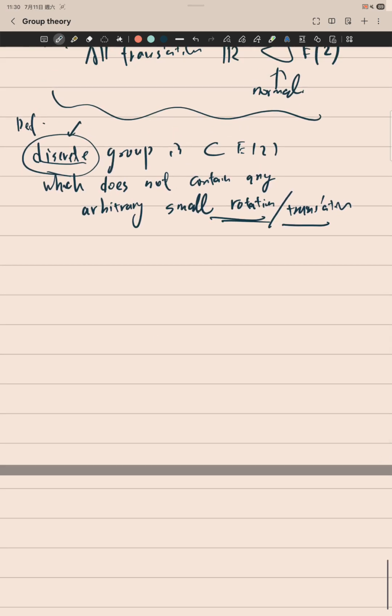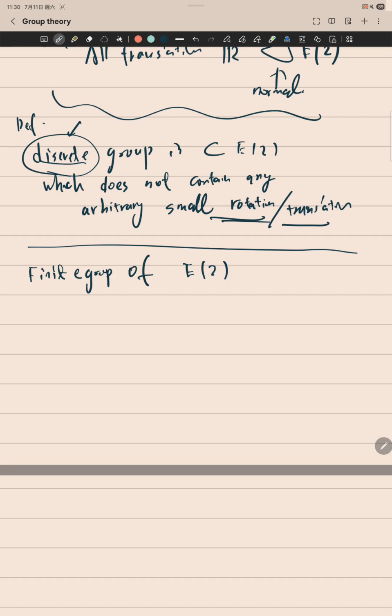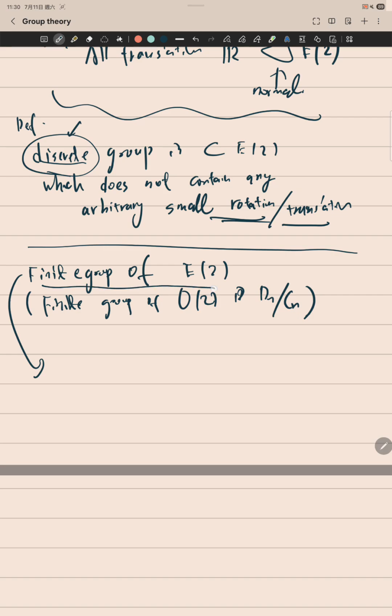The first one I want to study is the simple one, which is the finite group. Notice that we already know that a finite subgroup of O2 is just Dn or Cn. I want to prove that a finite group of E2 is exactly like a finite group of O2.